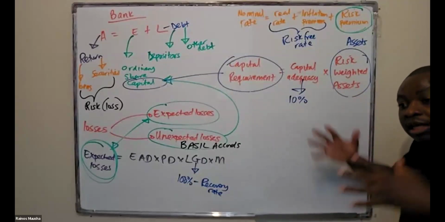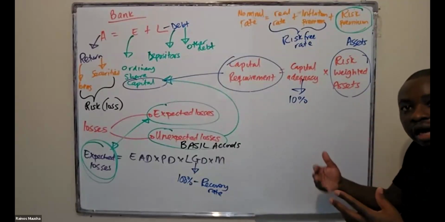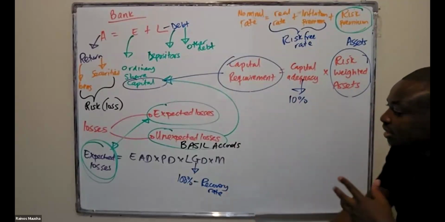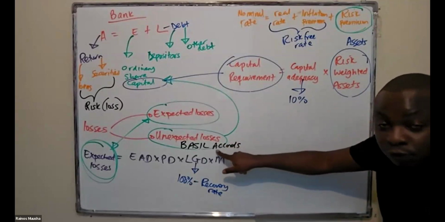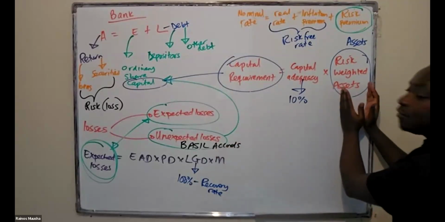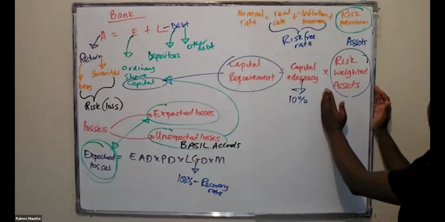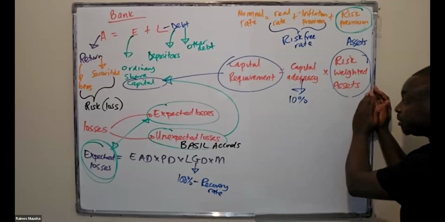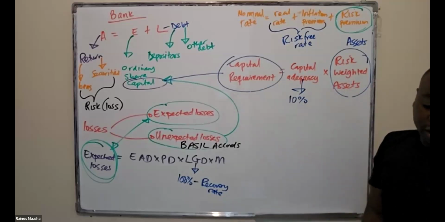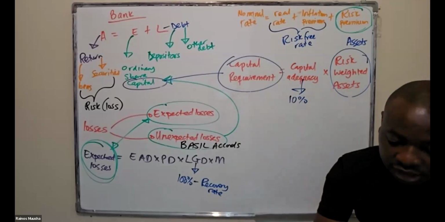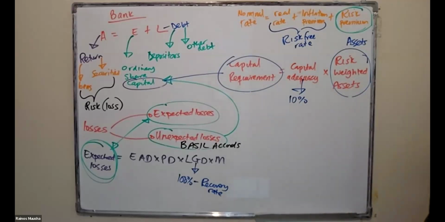As you can see with the Basel Accords, the value of these risk-weighted assets is basically increasing by taking into account different risk factors, because each of the different risk factors taken into account in the evolution of the Basel Accords affects the value of the risk-weighted assets, to see how much risk-weighted assets we need to cater for. Then 10% of those risk-weighted assets is what we're going to put in as the capital requirement. So this is where the evolution of the Basel Accords comes in.